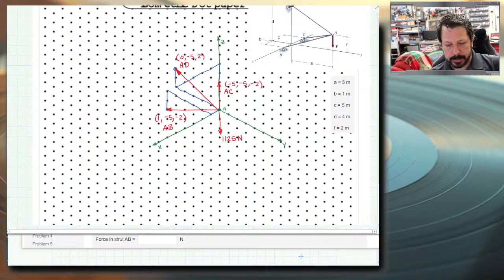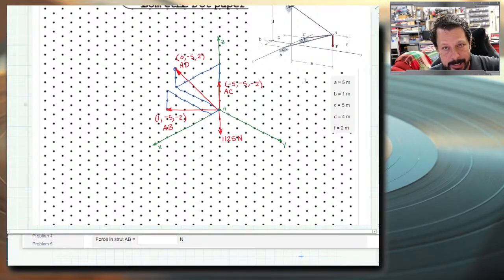Okay. So it may seem odd, but the first thing we're actually going to do is calculate the lengths of each of these vectors, AD, AC, and AB. That's simple enough: it's just finding the summation of the squares and taking the square root of that for each one of these.